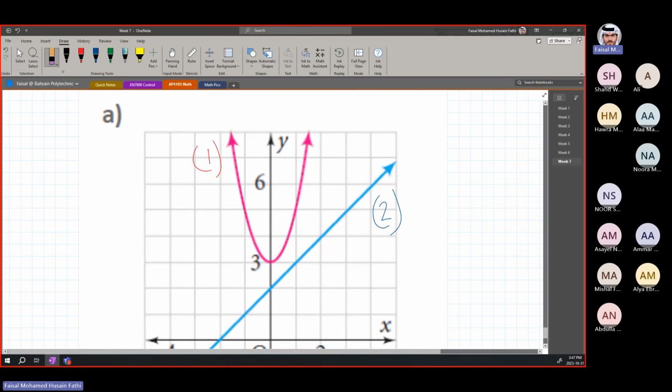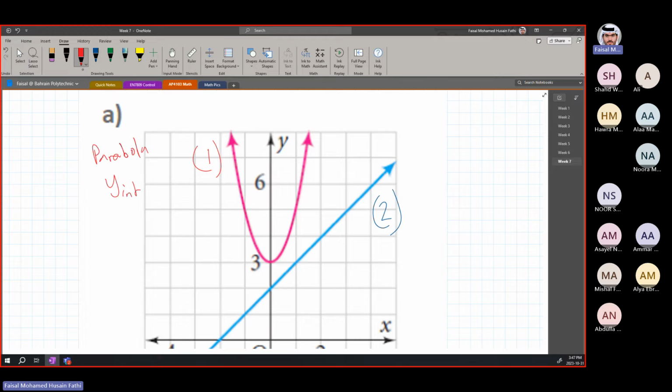So when you want to find the y-intercept for the parabola, the y-intercept is equal to 3, which is this point. The y-intercept for the case of a straight line or linear line is this point where it's equal to 2. So y-intercept equal to 2. They're completely different things. You will write for equation 2, the y-intercept is like this.